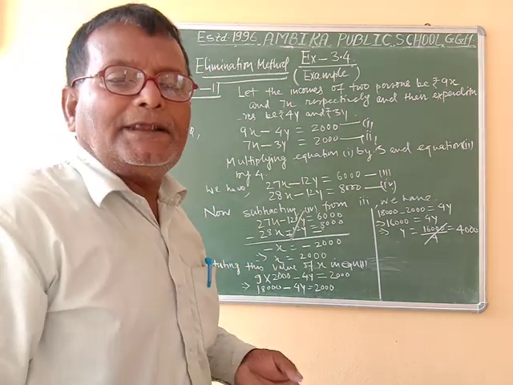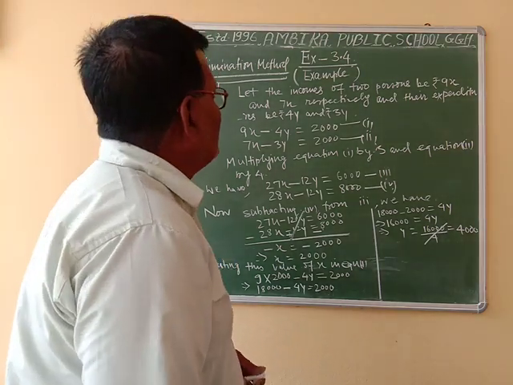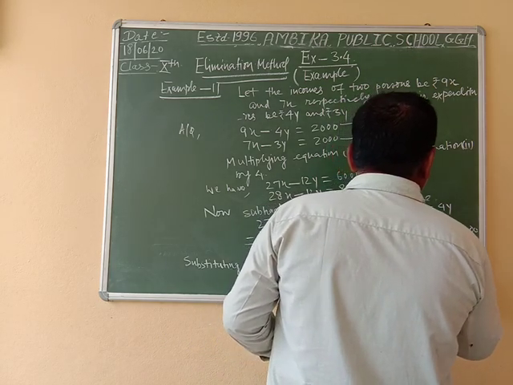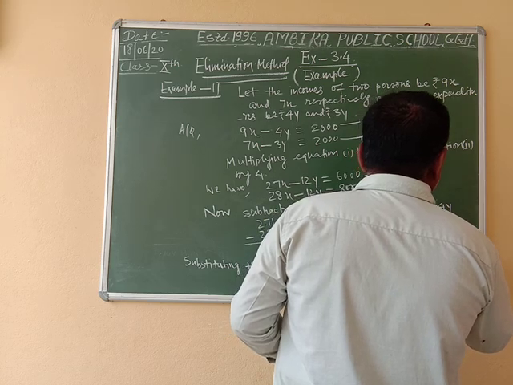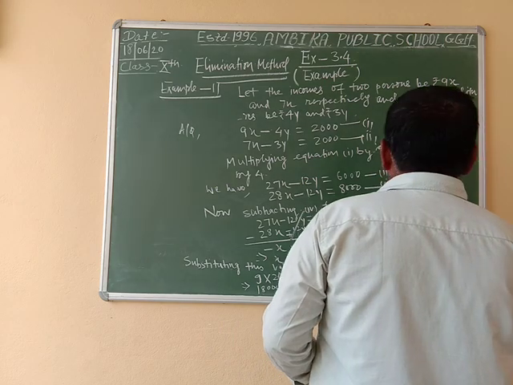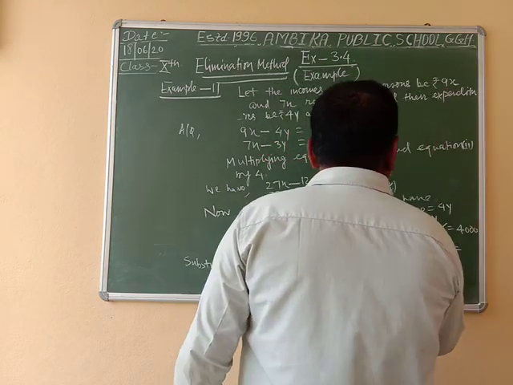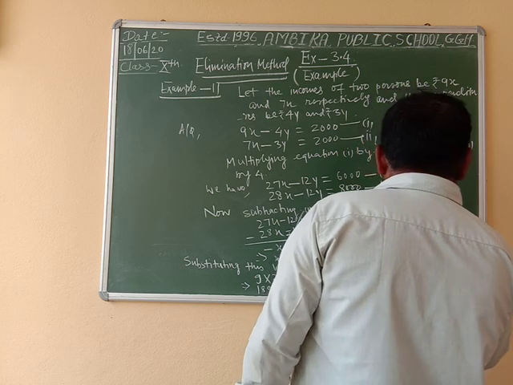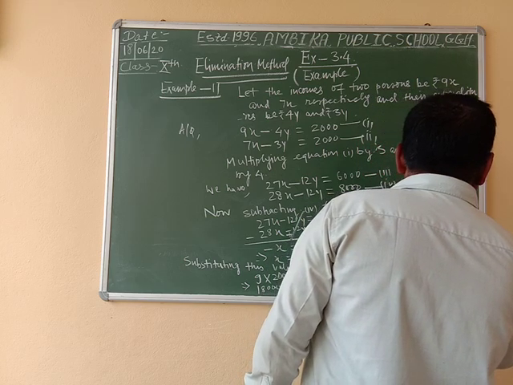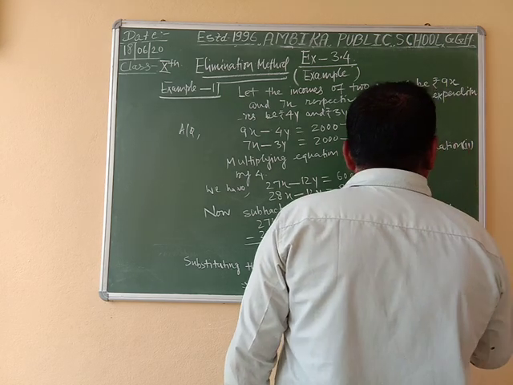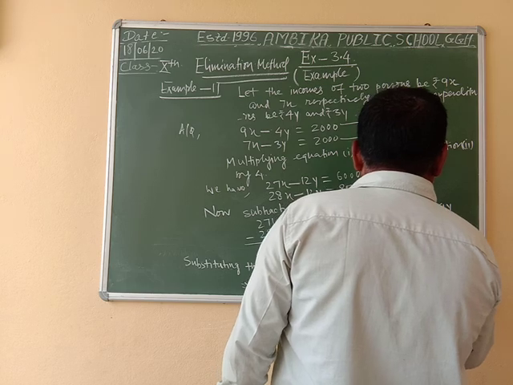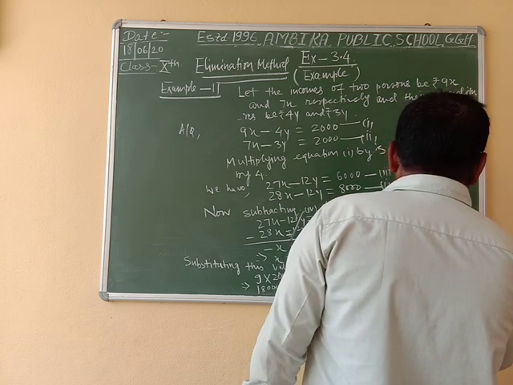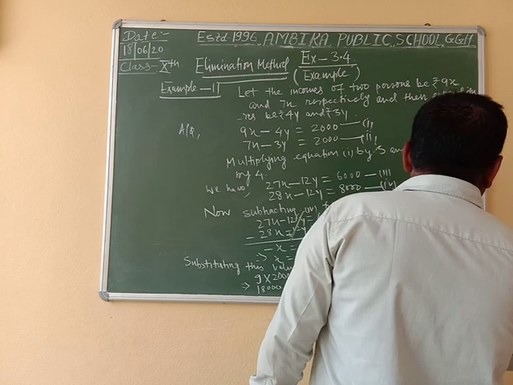Therefore, their monthly income is 9x, which is 9 into the value of x, 2000, equal to 18,000 rupees, and 7x is equal to 7 into 2000, which is rupees 14,000.